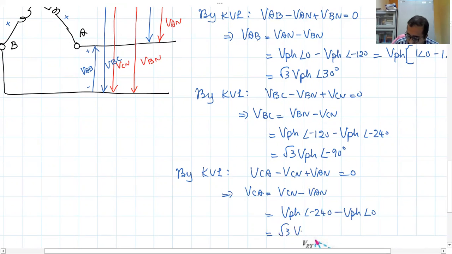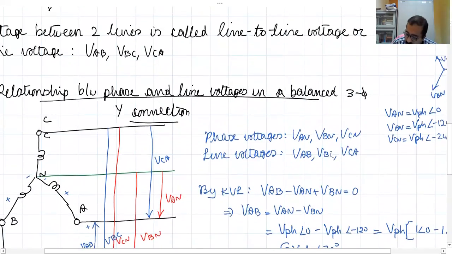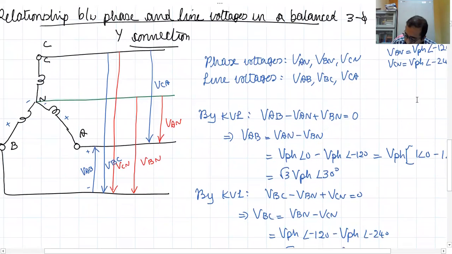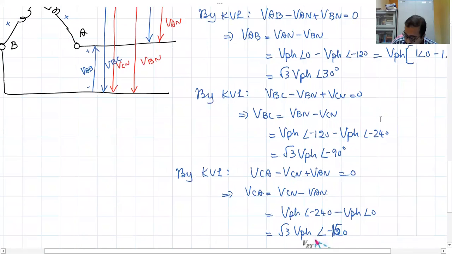So what would you get? Root 3 times VPH angle, how much? Minus 120. Okay, sorry, minus 150. Minus 150, or minus 270 you will get. Not minus 270, minus 210 you will get. Minus 210.